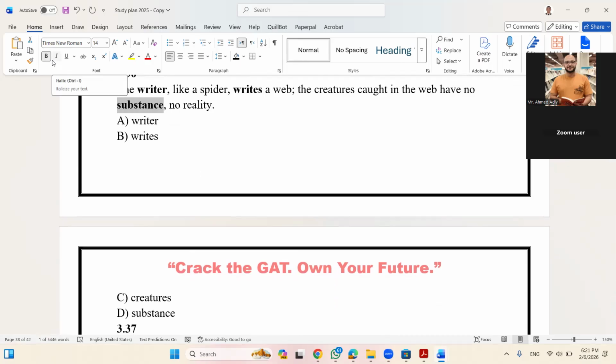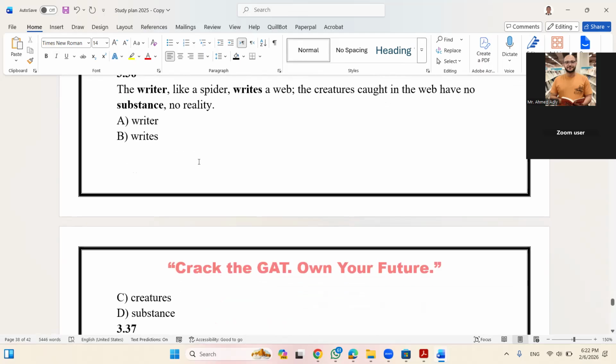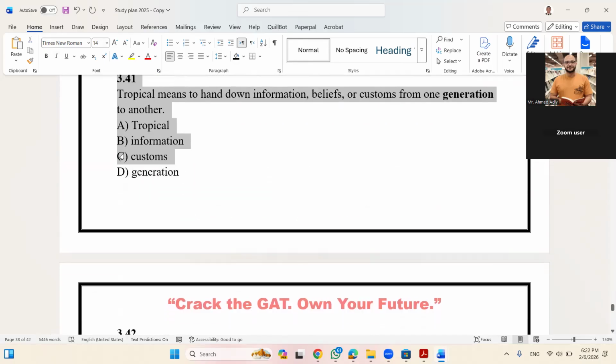Substance? The writer, like a spider. Does a spider write a web? No. What does a spider do? Spins a web. Yeah, you spin a web, okay? Spin a web.